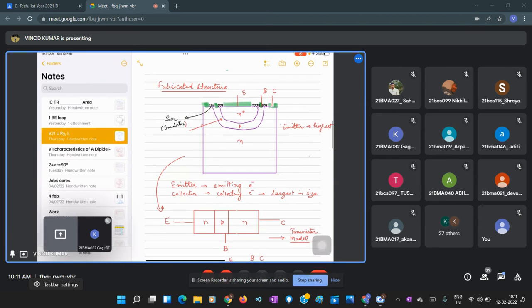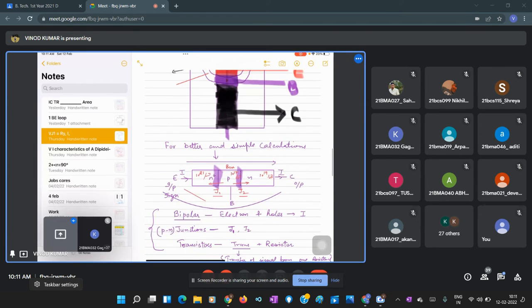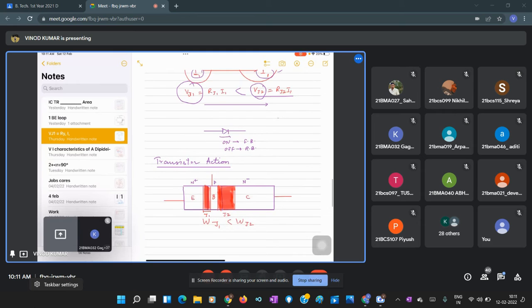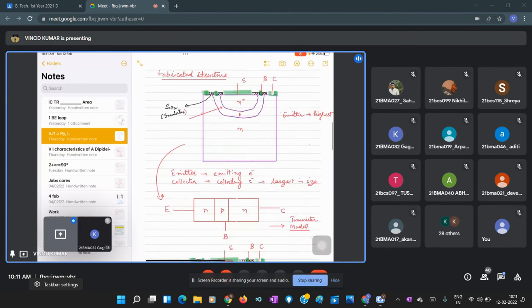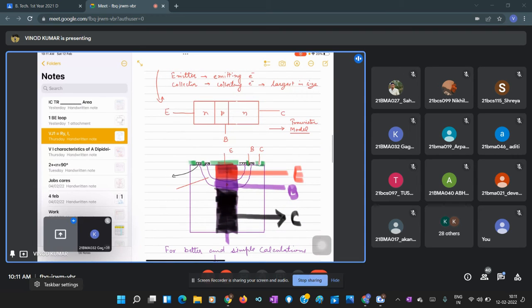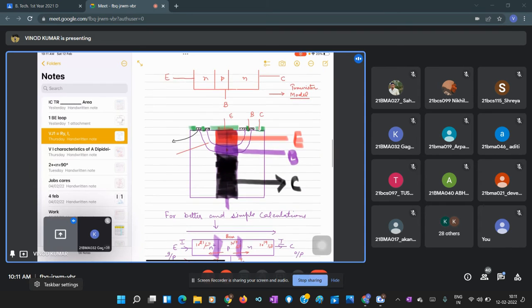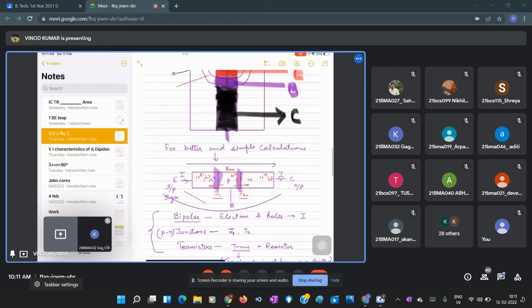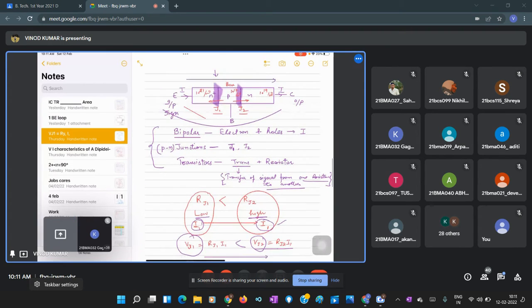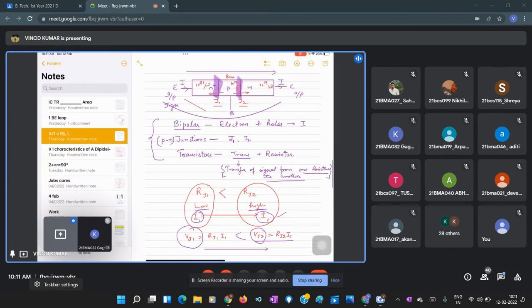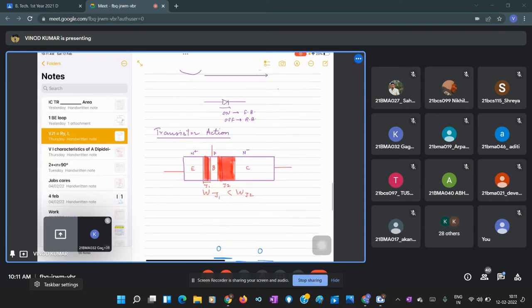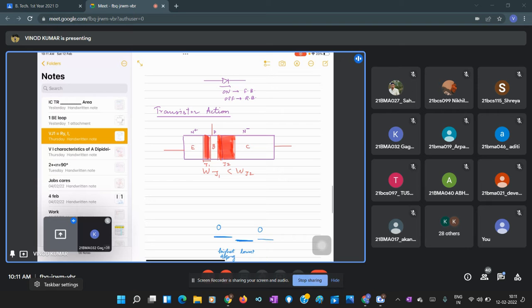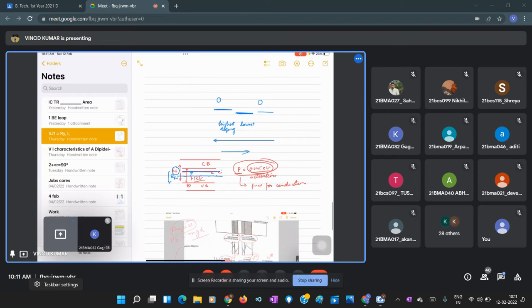Okay, so this is what we have studied. If you see, this is the structure of the transistor, and this is how I have depicted it: the emitter, base, and collector, and why the bipolar junction transistor has this name. Okay, and how the transistor action works.